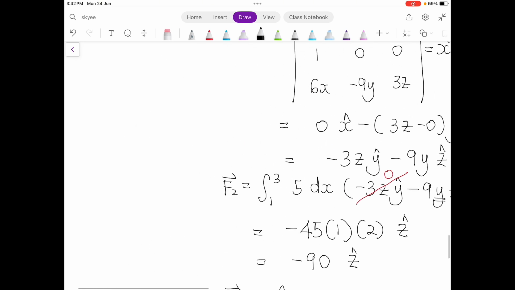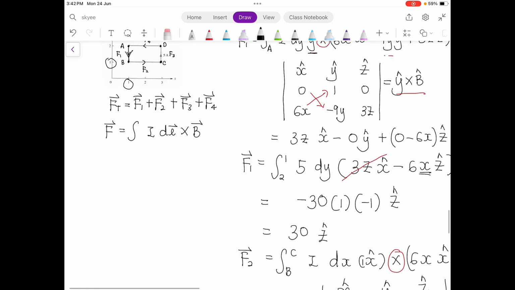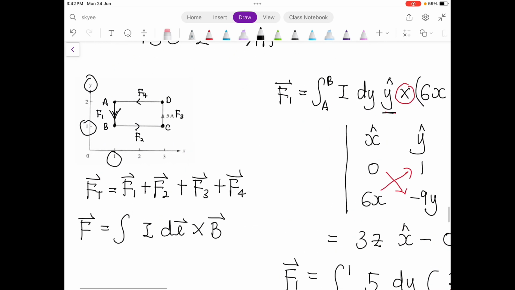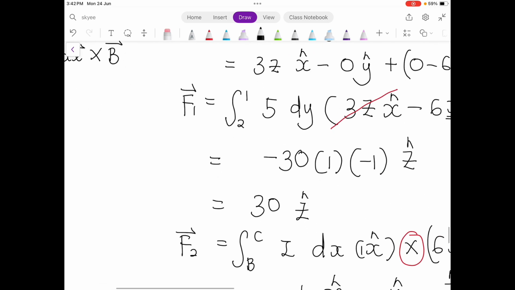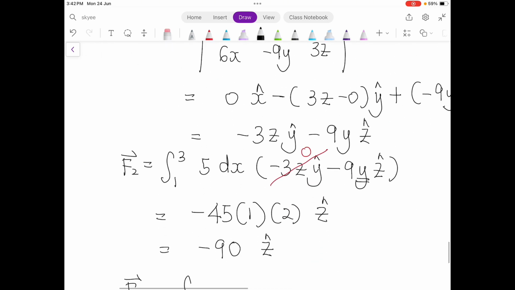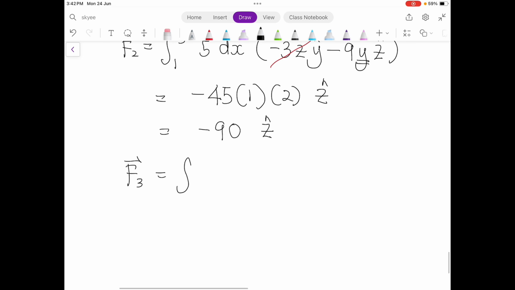So integrate F3, from 1 to 2, at the position x equals 3. From 1 to 2, I is 5, and this will be dy, and y cross with the b.